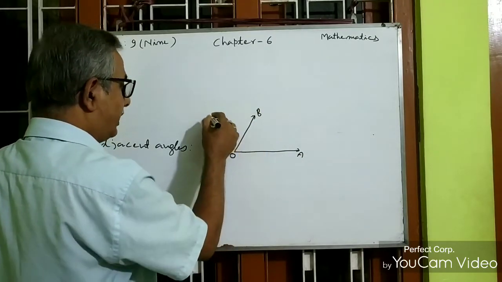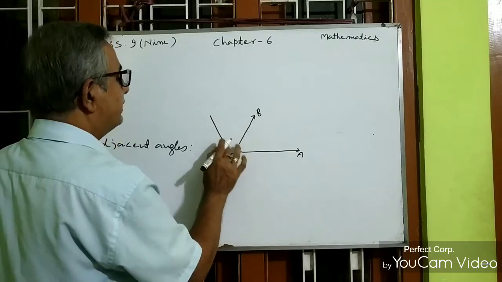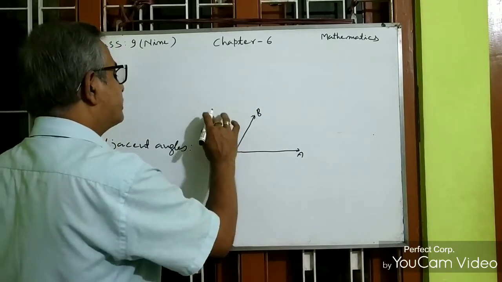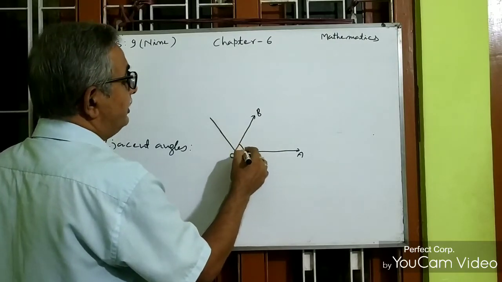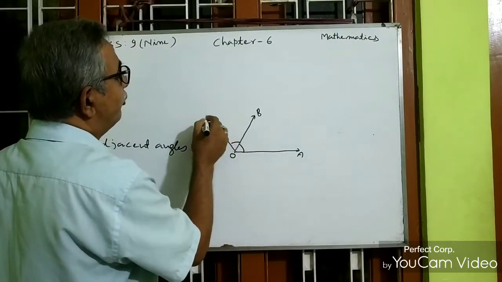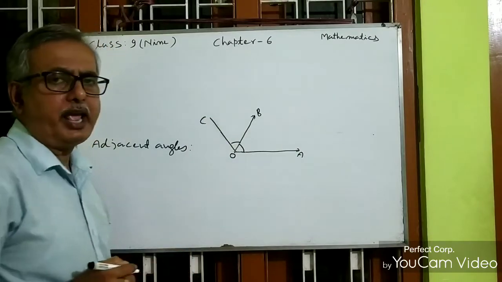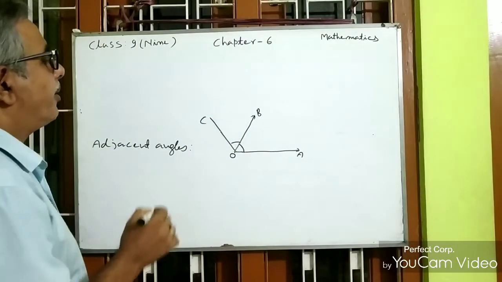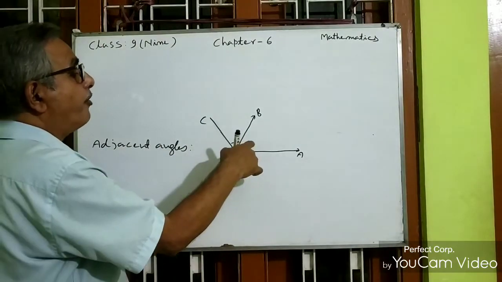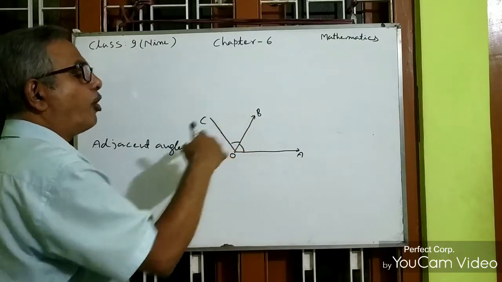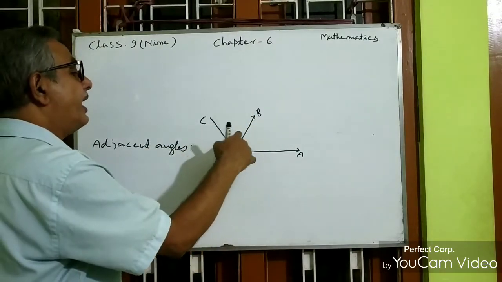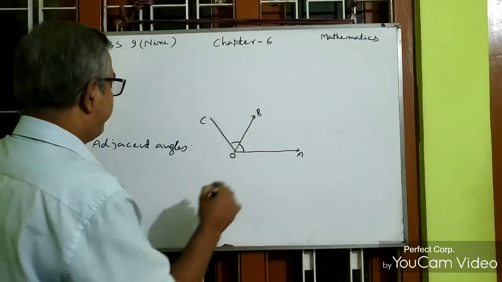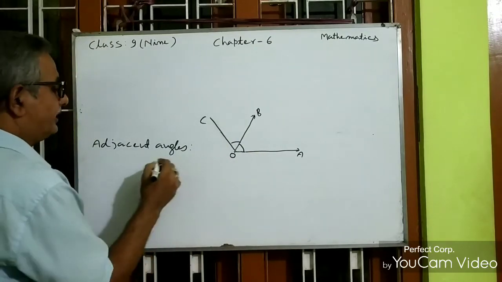Another ray is like that. It should be straight. This angle and this angle, they will be called adjacent angles. Why adjacent angles? Because both the angles have a common arm and a common vertex, so they are called adjacent angles. We will define like that.